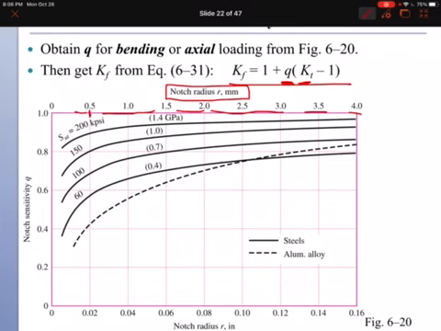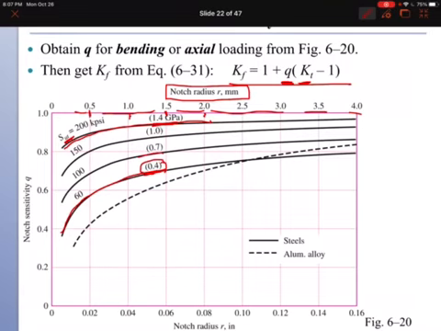So this is half a millimeter, this is 1 millimeter, 1.5, 2, and so on. And the curves here give you the ultimate strength. For this curve, we have ultimate strength of 1.4, and let's say this curve is ultimate strength of 0.4, this curve 0.7, and so on.